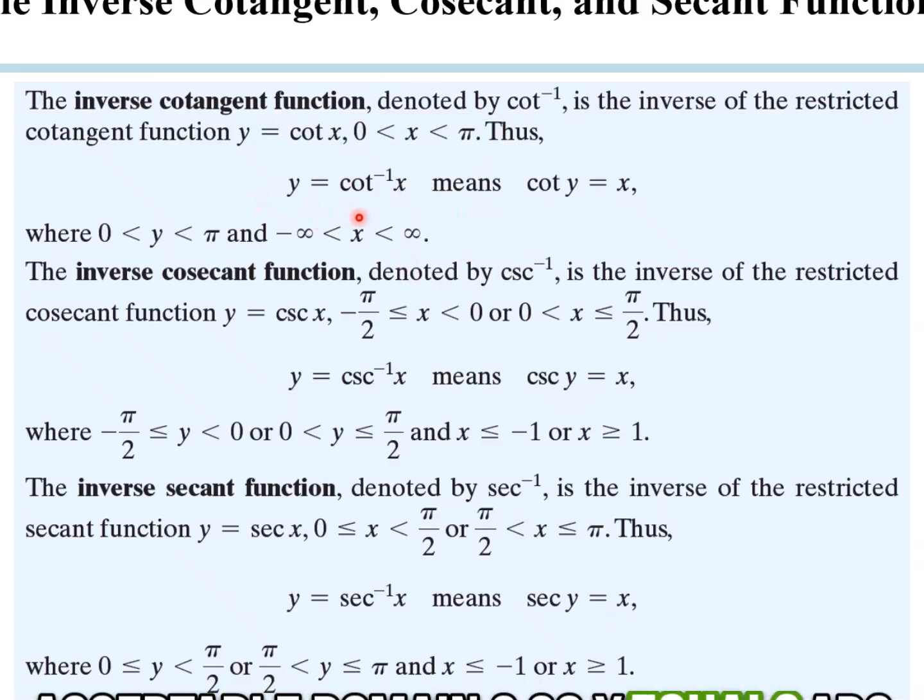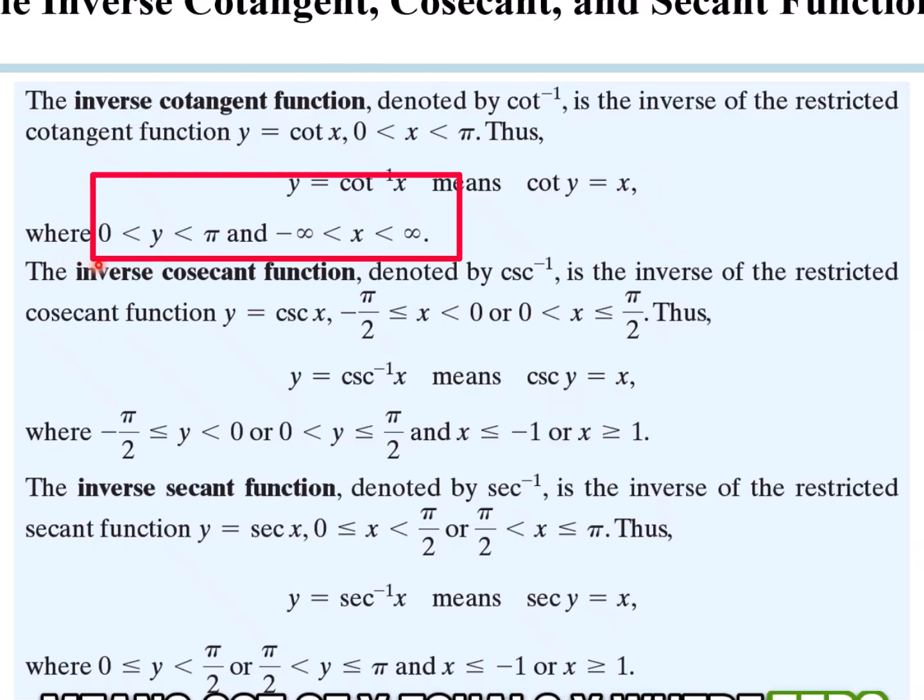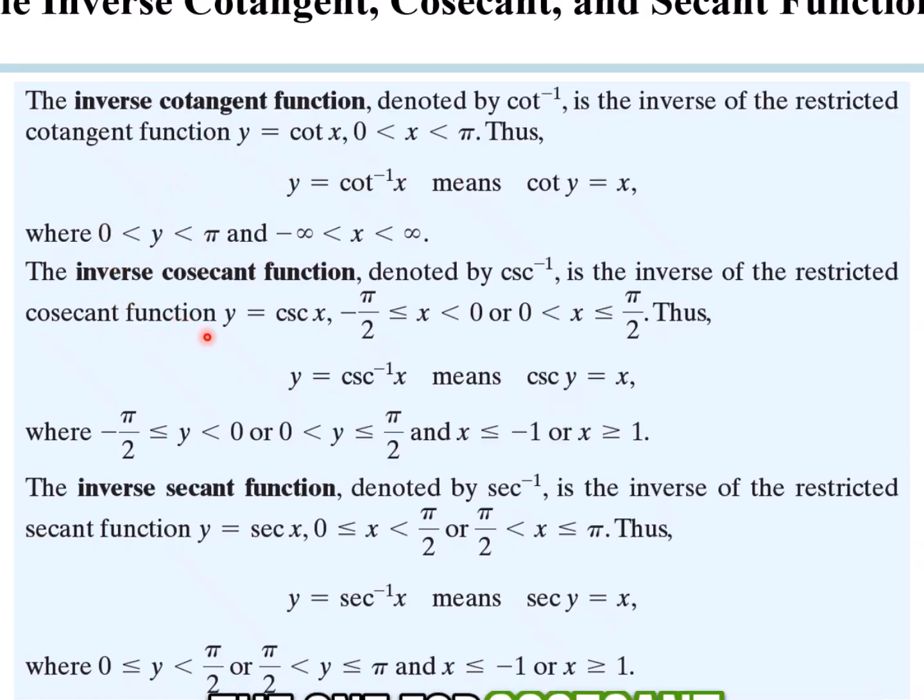So y equals arc cot of x, or y equals inverse cot of x, means cot of y equals x, where 0 is less than y less than pi, and -infinity to +infinity for the x values. That means the ratios that are input into the inverse cotangent function could be anywhere from -infinity to +infinity. However, output values, the angle values, would be a measure between the interval 0 and pi, but not including 0 and pi. Let's look at the one for cosecant.